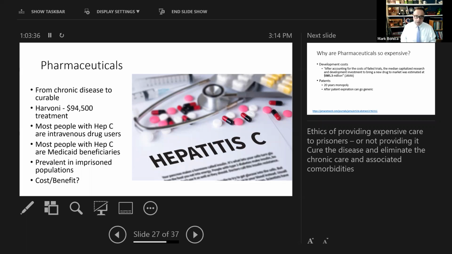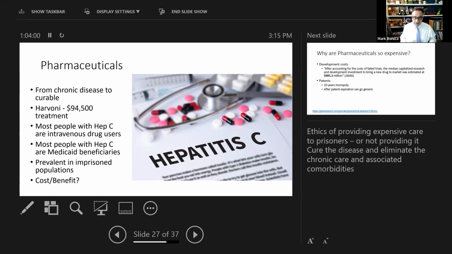Now, it was back in, I want to say 2013, that the first treatment, Harvoni, came available. Hepatitis C had been known for a while. We had been able to treat it and to minimize its impacts and control it, but it was a chronic disease.